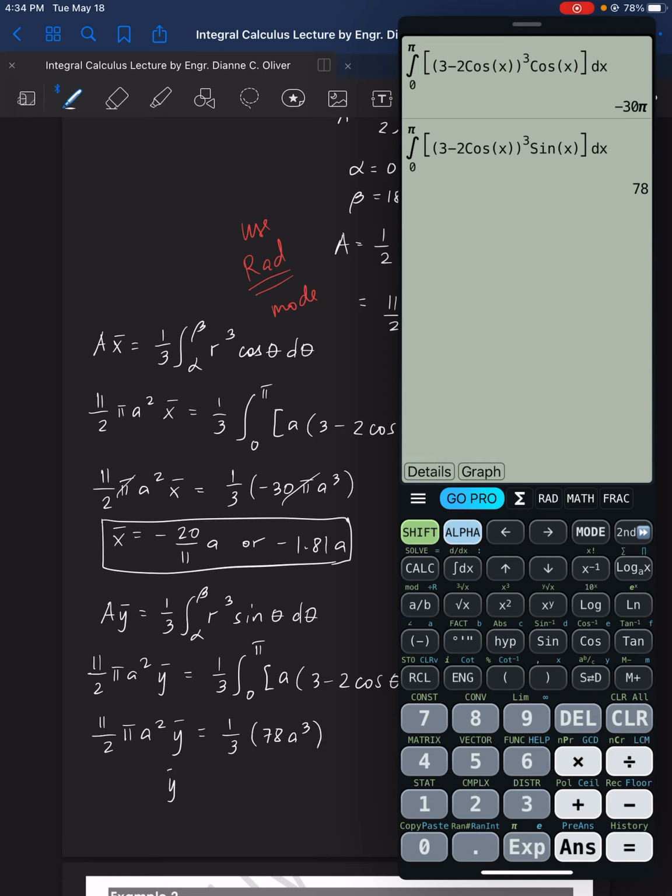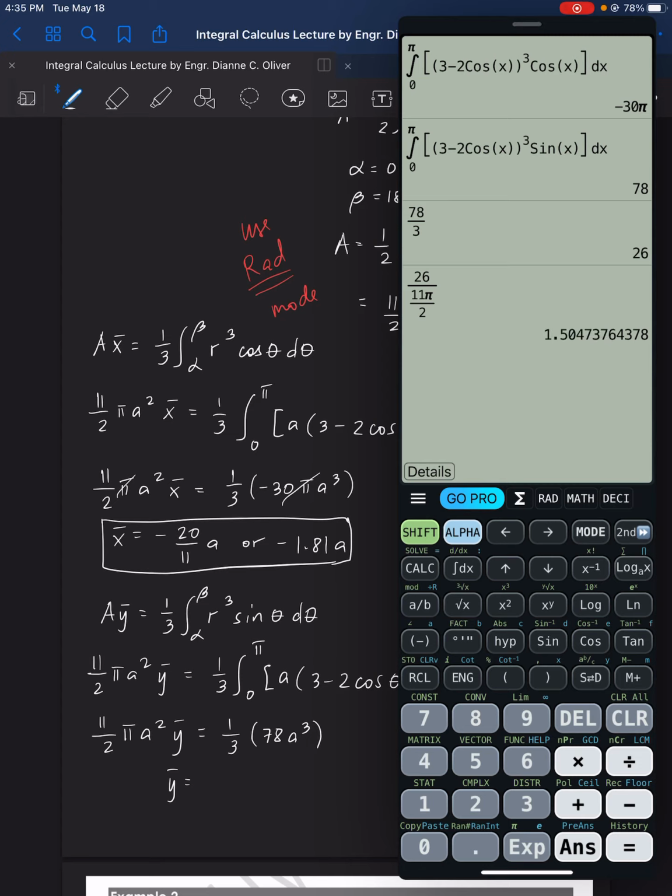So y bar now is equal to, oh, it's divided by 3. 78 divided by 3 is equal to 26. Therefore, 26 divided by 11 pi over 2, so that is equal to 1.5a.